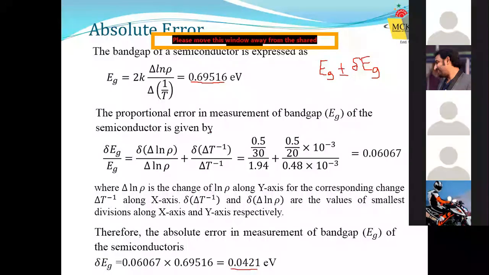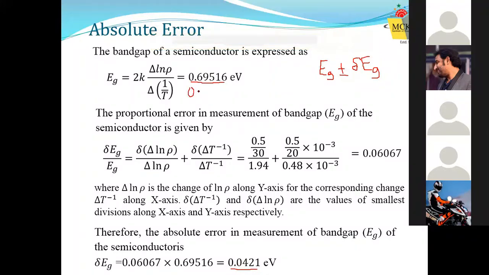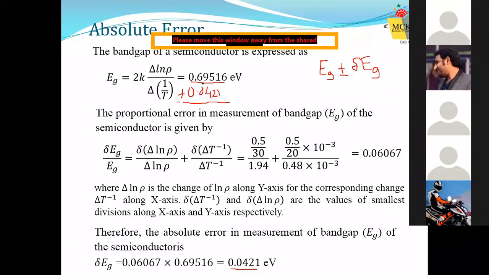So if you add and subtract these two, then 6 will not be changed because you are adding and subtracting 0 from 6. So I am writing down over here 0.0421. So if I'm adding and subtracting this delta Eg from Eg, 6 will not change. 9 would change, because if I add 4 to 9, 9 would change, or if I subtract 4 from 9, 9 would change. So 9 is a variable thing.